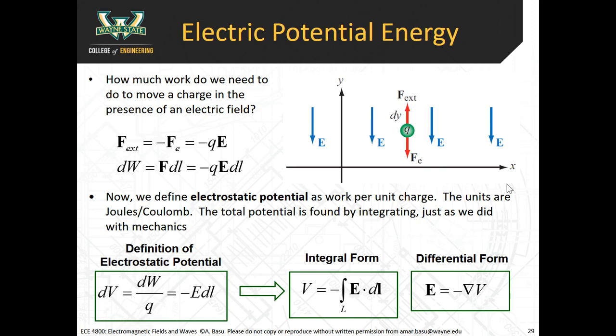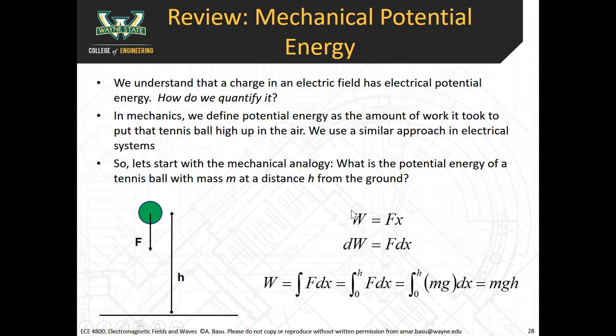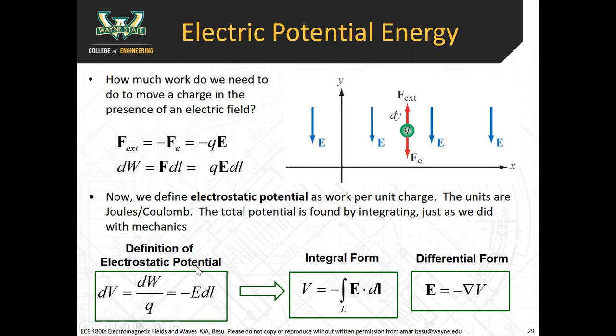You can think about the electric field exerting a force on that particle. So the force is going to be in this direction. This is similar to gravity. Gravity is exerting a force on this tennis ball, and that's causing that tennis ball to drop. In this case, the electric field is exerting a force on the particle, causing it to move in this direction. Same idea.